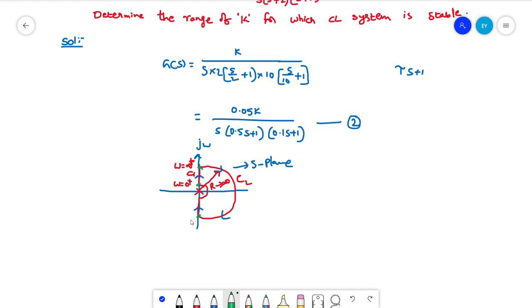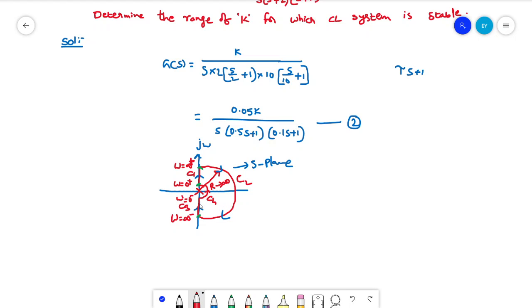Then from here it is actually omega equal to minus infinity, that is till infinity minus, and this point we can take as C3, the locus from minus infinity minus to omega 0 minus. Then this particular thing which is semicircling this pole is considered as C4.